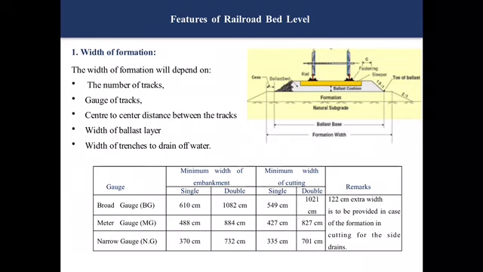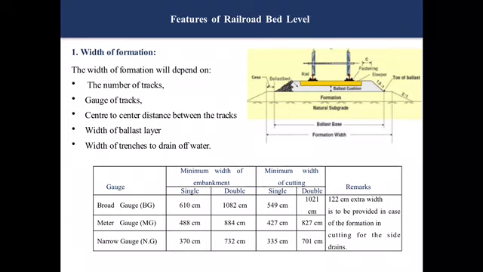The distance between the center to center of the track also affects the formation width, as does how much ballast layer filling there is, and also, when the formation is taken in cutting, the width of the drain that is usually adopted to drain off rainwater. These are some of the parameters which affect the formation width.